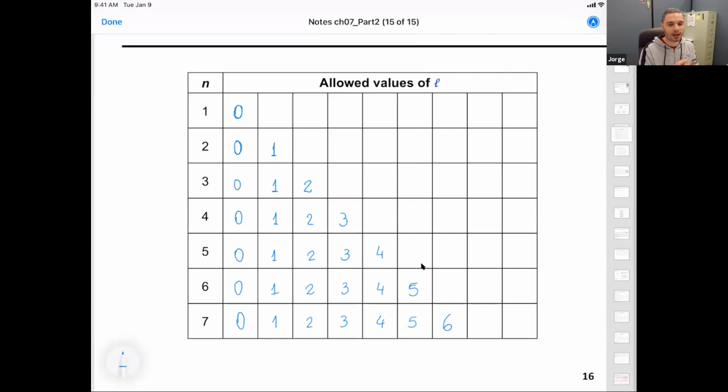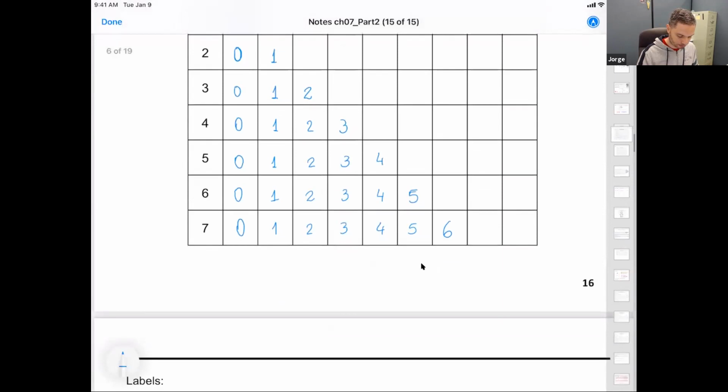Think about that. As you move further, you can have more values of L possible. What does that tell you about the number of electrons that the seventh shell can handle? Think about that. You don't need to answer me. Let's move on with the plan here.